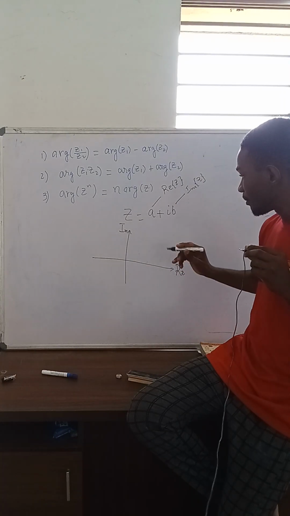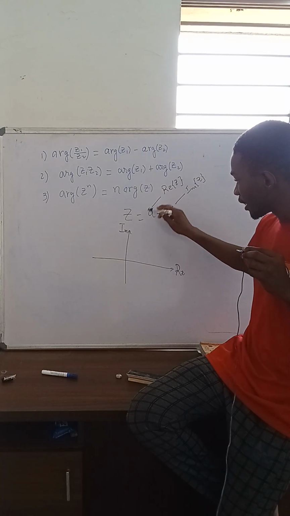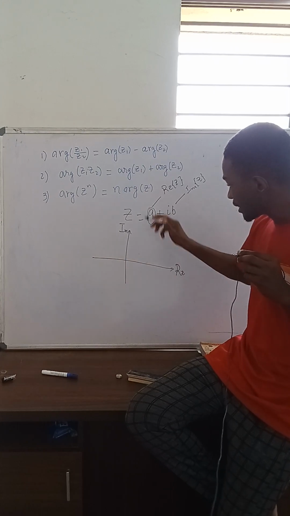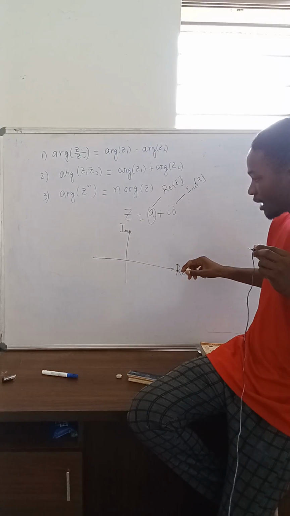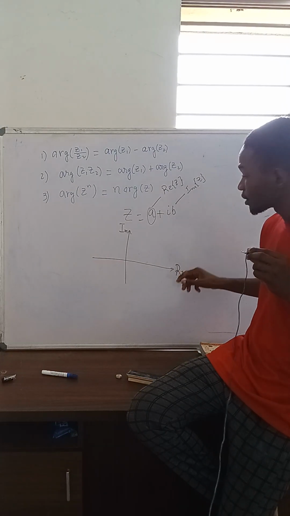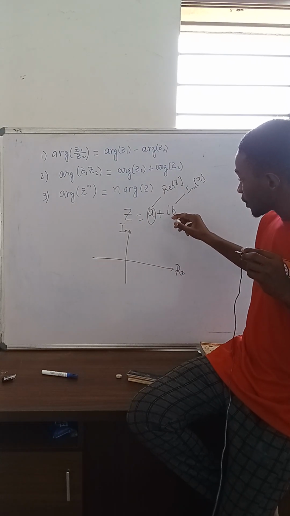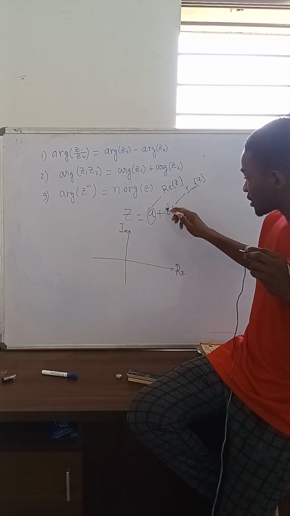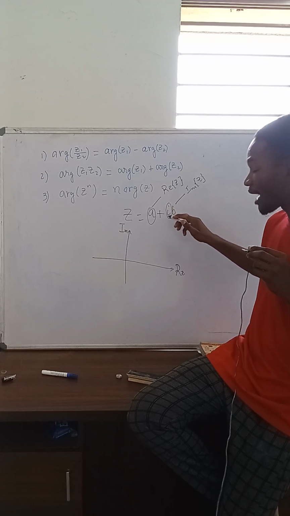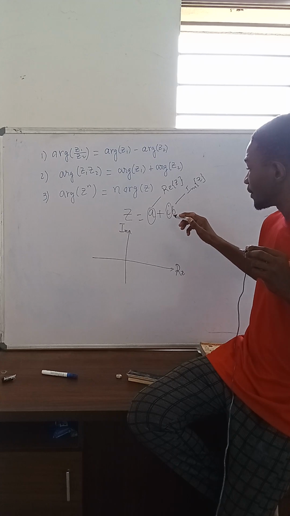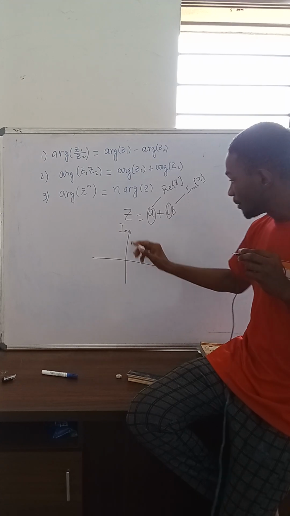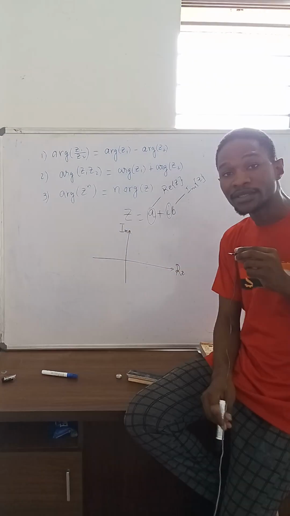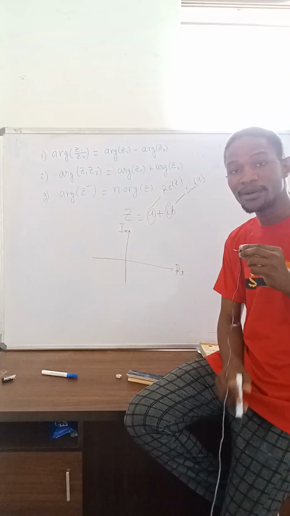Whatever a you have, you put this a here; the real part lies on the axis of the real numbers. The b that you have with this i, meaning the imaginary unit, is what we call the imaginary part.